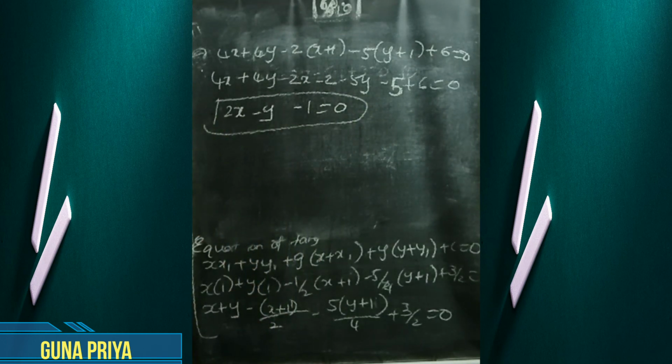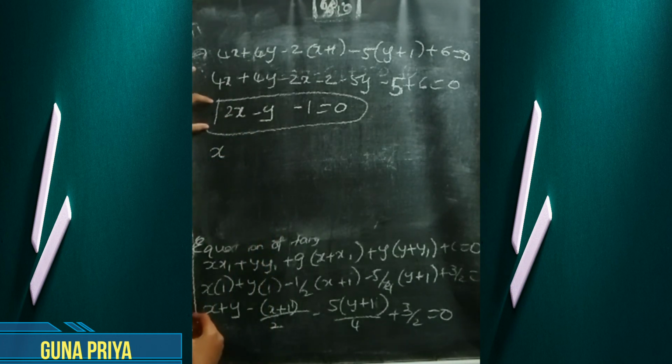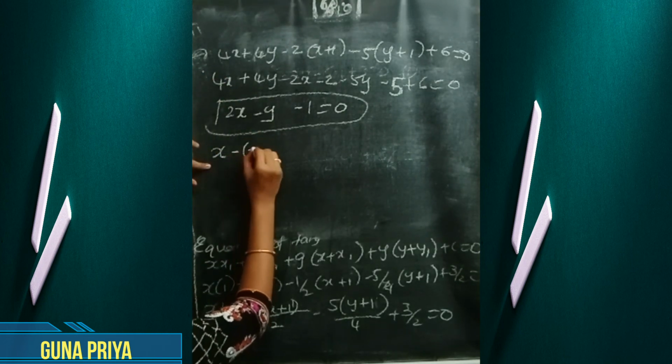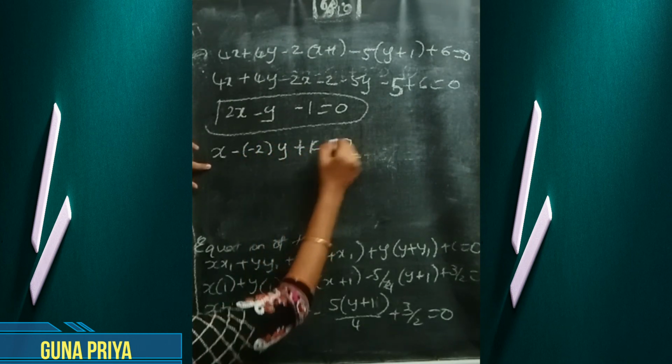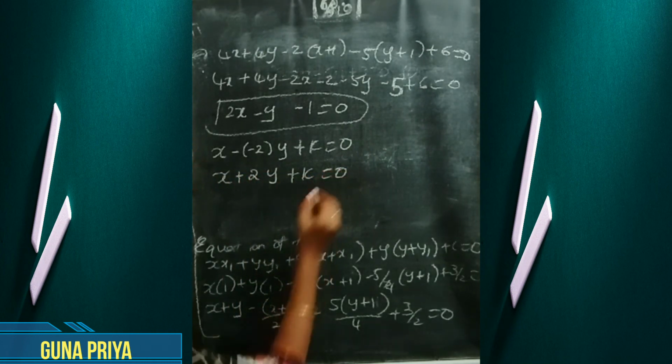Now we have to find out the equation of normal. As I said in the previous question, you can use the formula y minus y1 equals to y1 plus f by x1 plus g into x minus x1, or you can write it directly, that means perpendicular. In the given equation we have to convert to the normal, x, here already minus into minus, so minus 2y plus k equals to 0. x plus 2y plus k equals to 0.